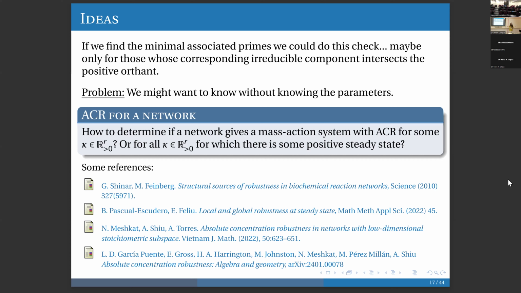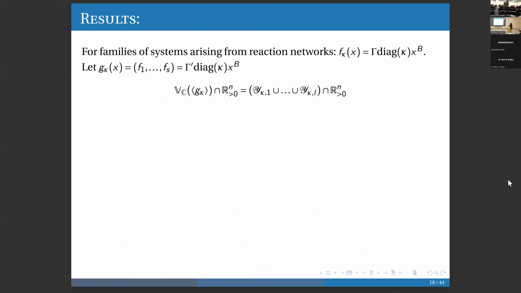There are many others. And I'm going to just show you one theorem that we got with Ellis and Mafeliu a couple of years ago, very fast.